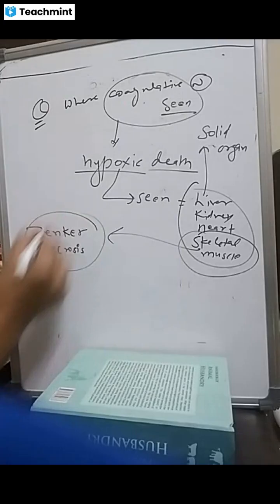But if hypoxic death occurs in the CNS, it is not called coagulative necrosis, it is called liquefactive necrosis.